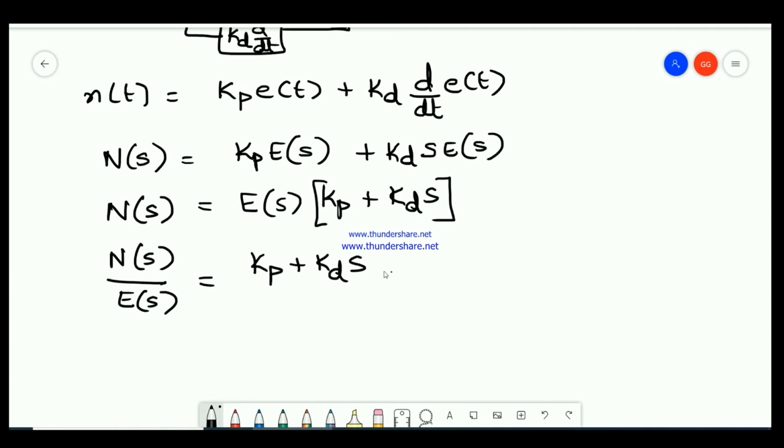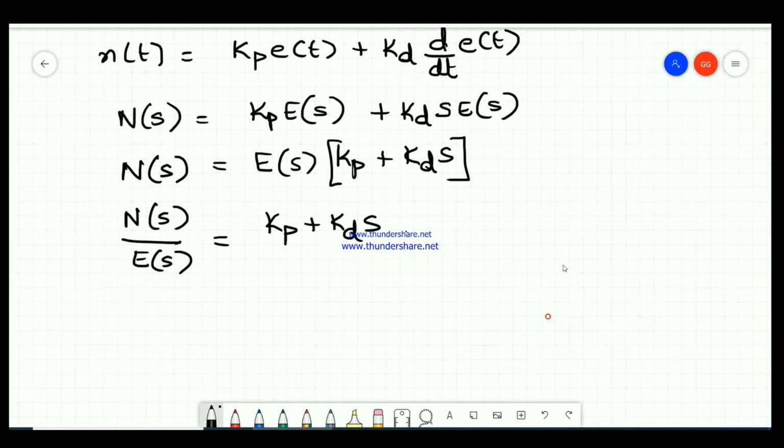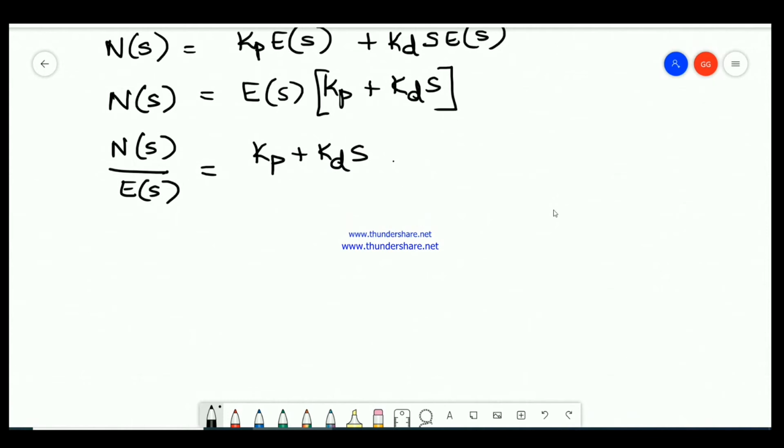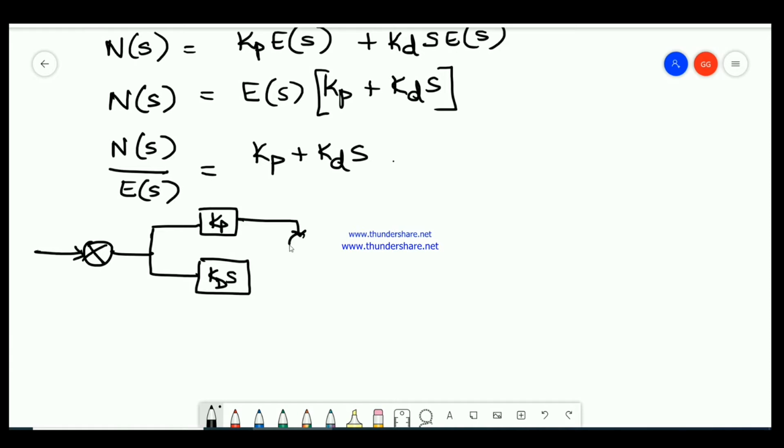So this would be the gain that you use for the block that you connect in the second order system. So let us write the block diagram of the second order system with this controller now. You have a summing point connected to two different blocks. One is the gain of the proportional controller, which is Kp. The other is the gain of the differential controller, which is Kd s.